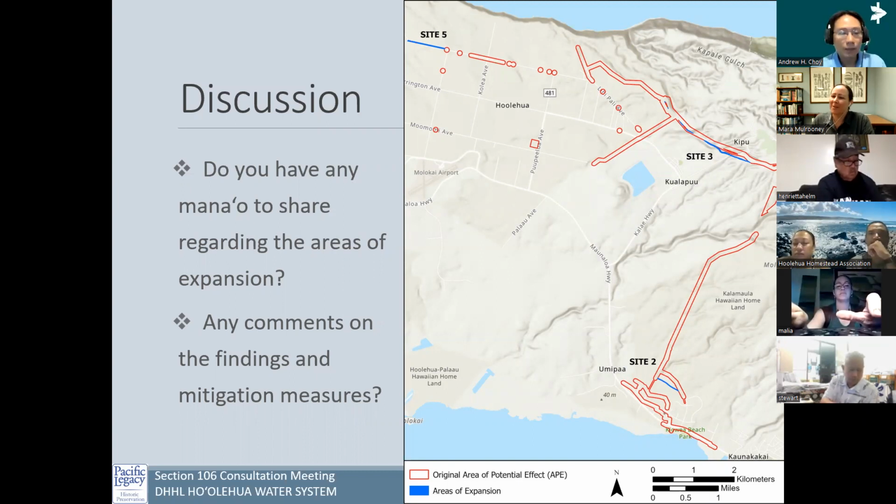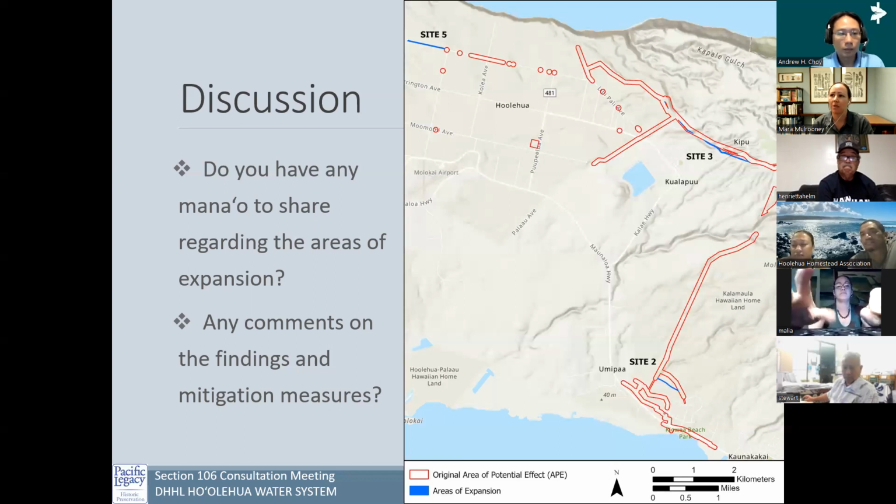Mahalo, Iolani, for your question. So the overall project that's remaining actually does not involve any of the expansion areas. All of those areas have been monitored and are completed. The areas that remain are namely this little polygon here, known as Site Area 7, I believe, and also Site Area 1, which is the maintenance building.